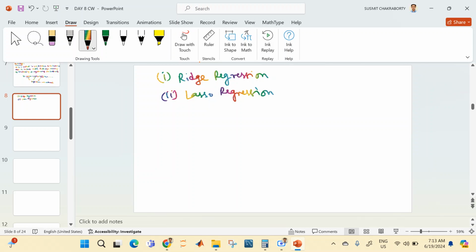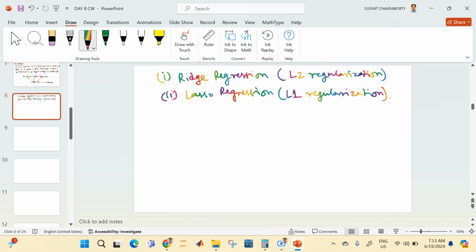Remember, Ridge regression sometimes is called L2 regularization, and Lasso regression sometimes is called L1 regularization.